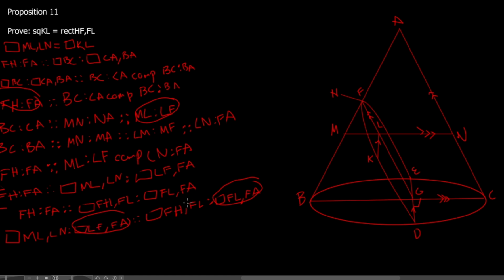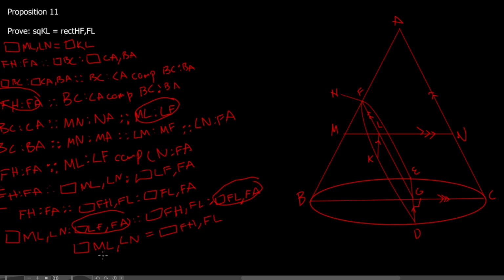So if two things have the same ratio to the same thing, then we know that they're equal. That's from Euclid 5.11. So that means that ML LN must be equal to FH FL. So we've got ML LN equals FH FL.